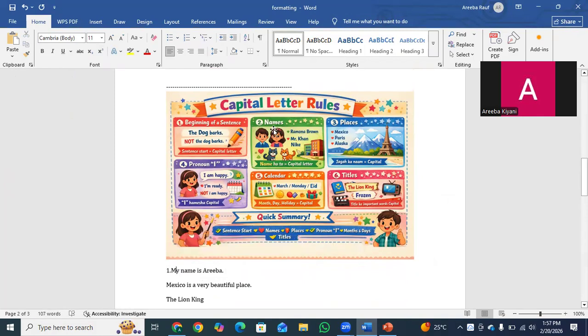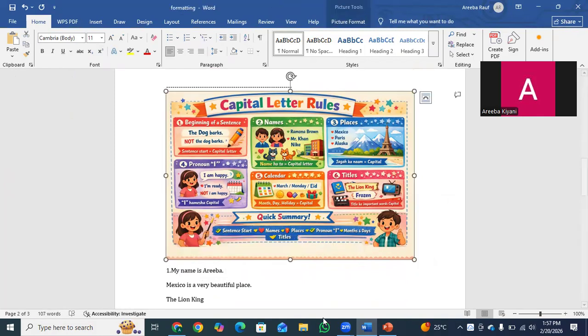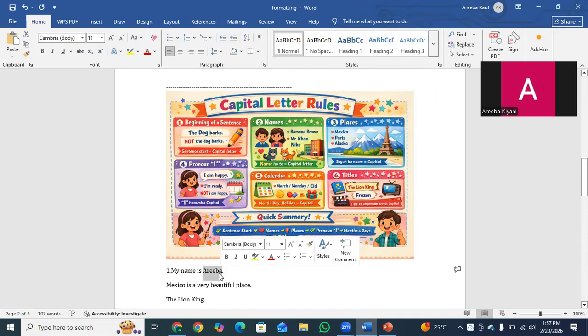And the next one is we have rule number two, names. As you can see in the first sentence also, my name is Ariba. Ariba is at the end of the sentence, but I keep the word A capital because Ariba is a name of the person, so that we can keep it capital. Okay.